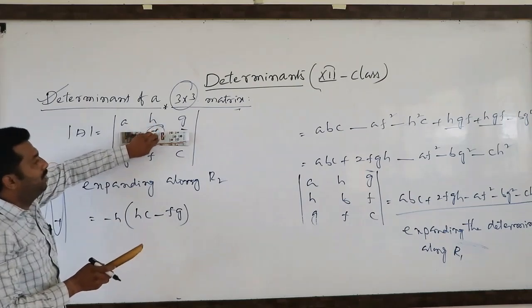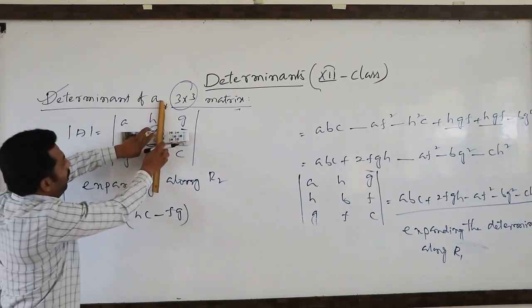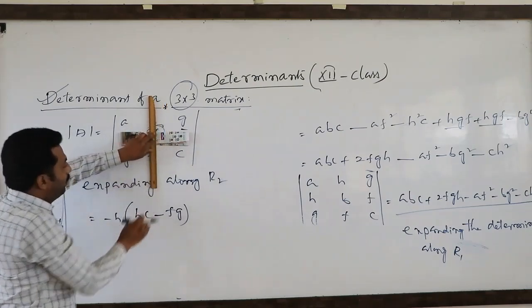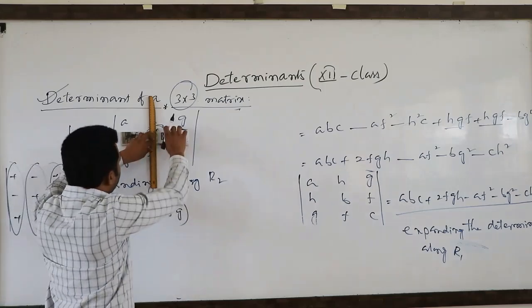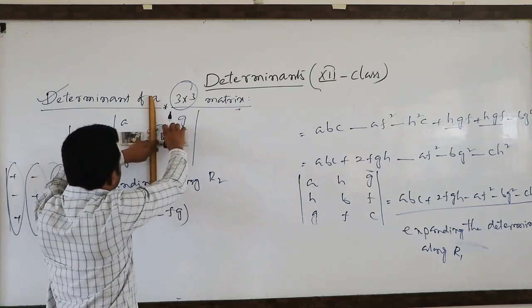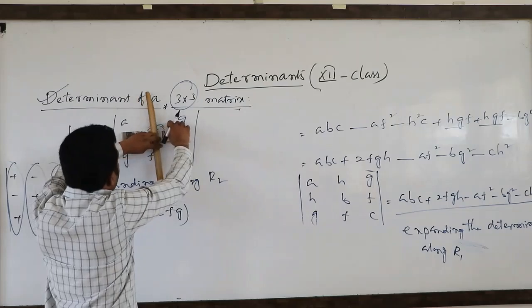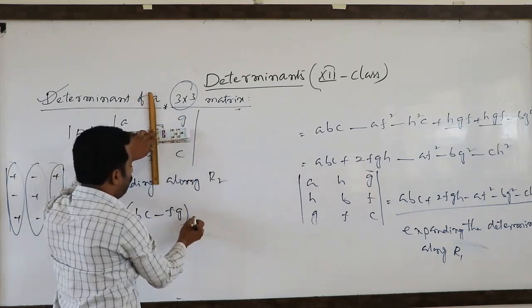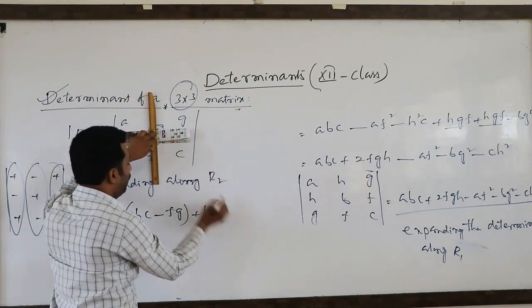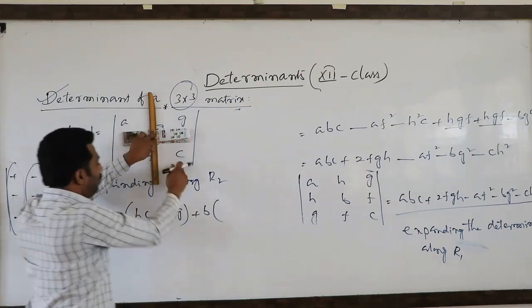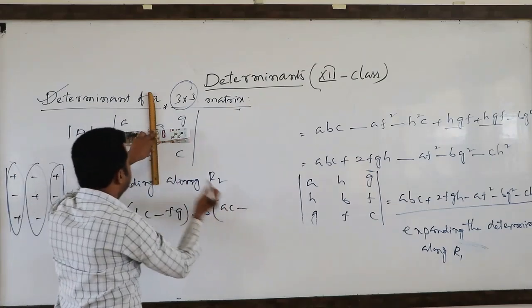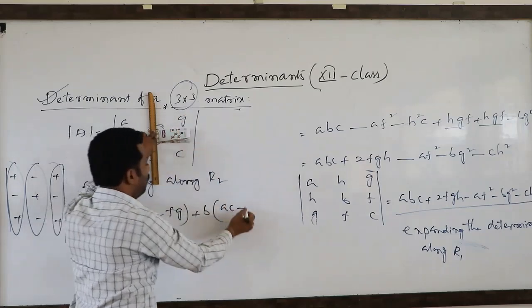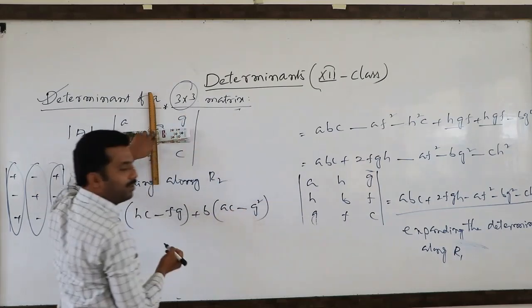Corresponding row means horizontally, and you close the corresponding column. Then what is this? Plus B first you have to write here. Plus B. Now you tell me: A into C minus G into G, that is G square.